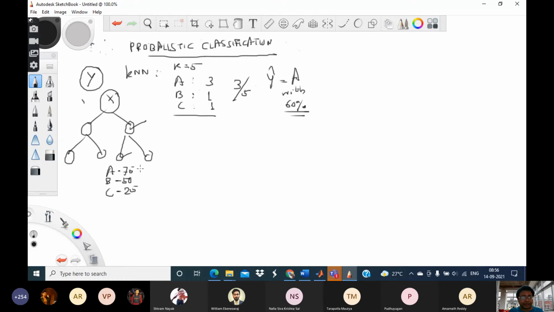So I will predict y hat equal to A, not with 75%, but with 50% confidence.